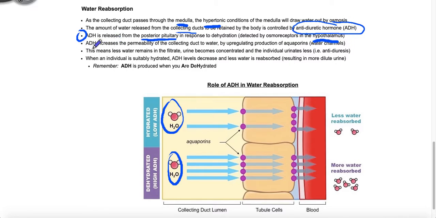So as the brain releases ADH into your bloodstream, ADH is going to increase the permeability of the collecting duct to water. And that means there is going to be a regulation of these aquaporins, which are these water channels found within these tubule cells.